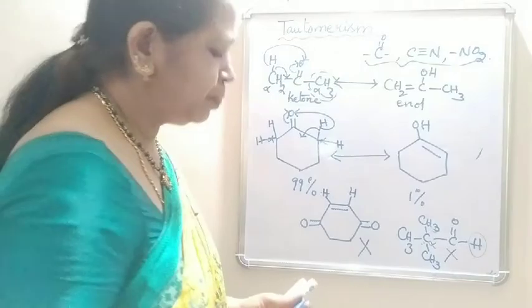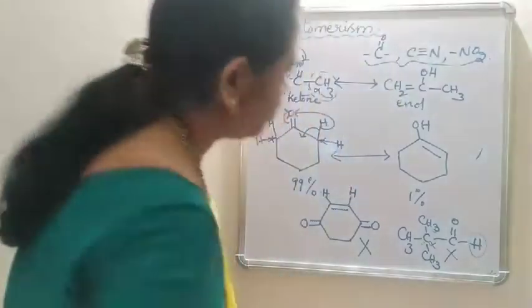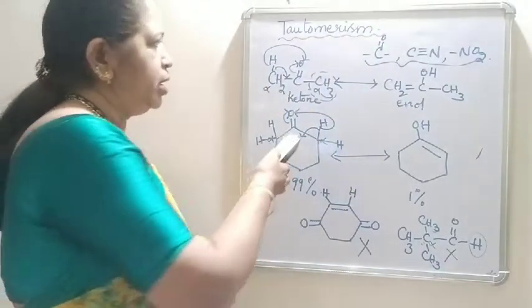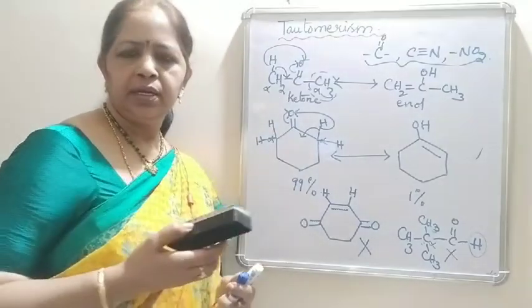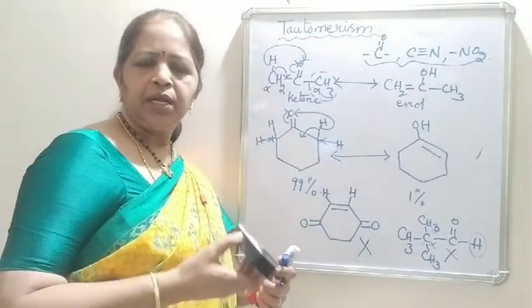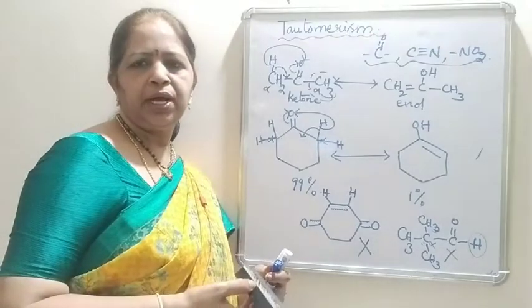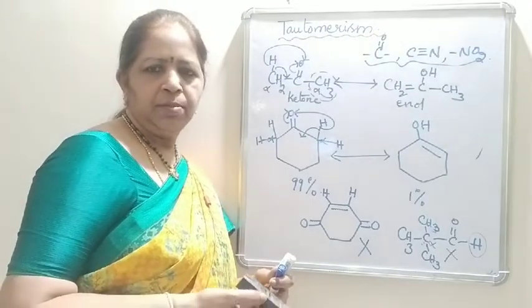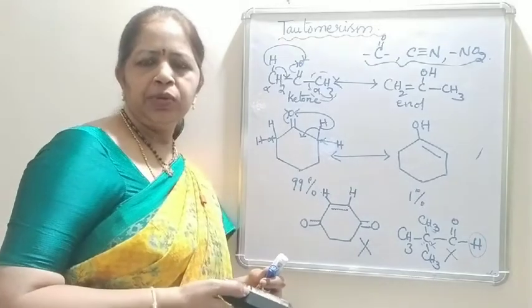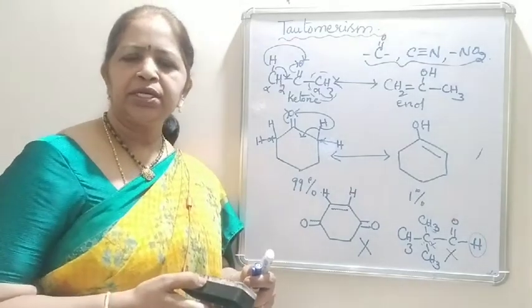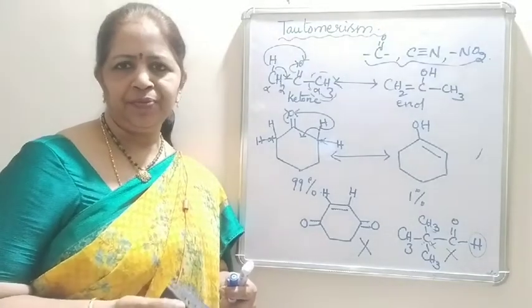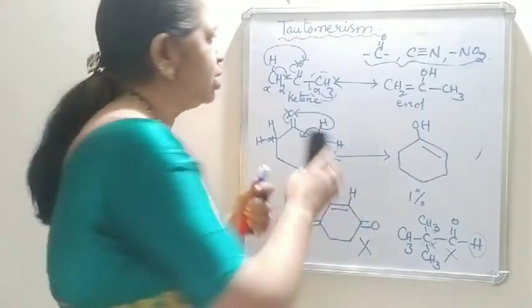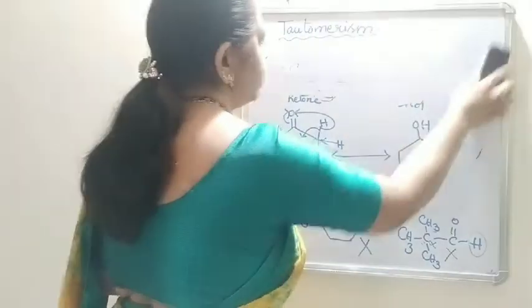Okay, students. Now let us see. We have seen in ketones and acetaldehyde, normal ketones and normal aldehydes, the keto forms are more stable than their enol forms. But there are some other compounds in which the percentage of enol is more. The stability of enol will be more. The stability of enols depends on different factors.